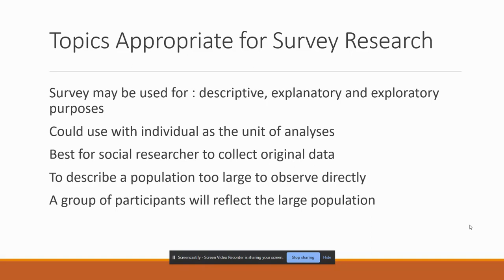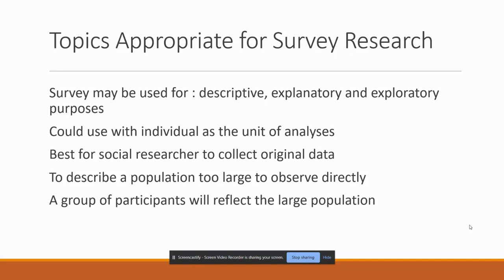Explanatory means you may explain certain things from your research study or research question. Exploratory means you go and find out any topic of interest that you aim for. So a survey could be used for these three main purposes.